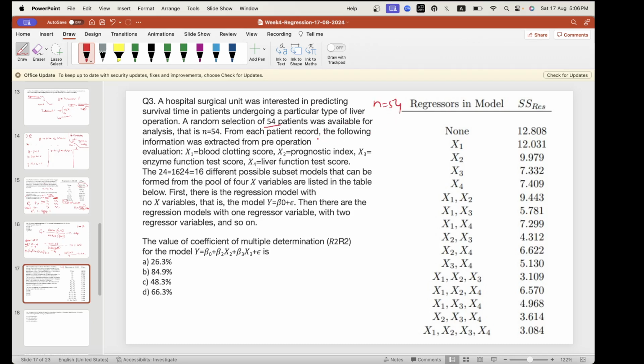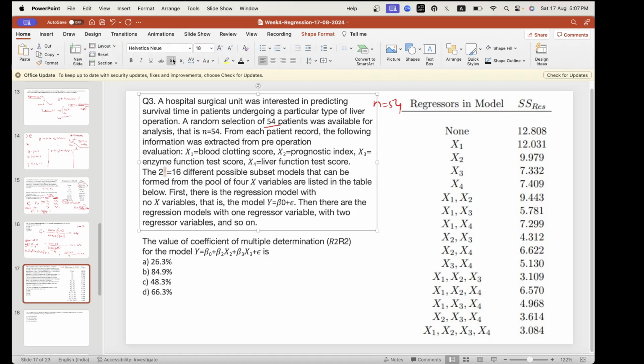From each patient record, the following information was extracted from pre-operation evaluation: x1, x2, x3, x4 are the predictors, and 2 to the power 4, that is 16 different possible subset models can be formed with these 4 predictors, right?